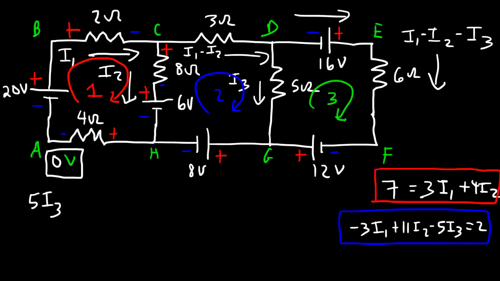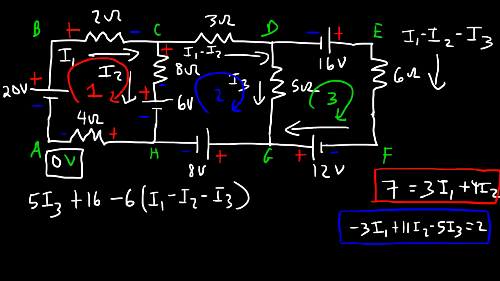And then we're traveling in this direction towards the positive terminal of the battery. So that's a voltage lift of 16 volts. And then we're following the direction of this current. So that's a voltage drop. That's going to be negative 6 times I1 minus I2 minus I3. And then we're traveling in this direction towards the positive terminal. So that's a voltage lift of 12 volts.